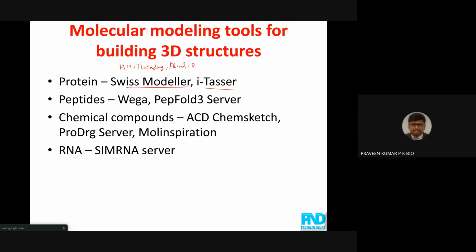And similarly, if you want to model peptides, we can use Discovery Studio Visualizer. If you have the visualizer, you can develop the molecules from there itself. 3D structure of peptides can be developed, or else go with Vika and PepFold. And for chemical compounds, ACD ChemSketch, ODRG, bond inspiration, and for RNA, SimRNA server.